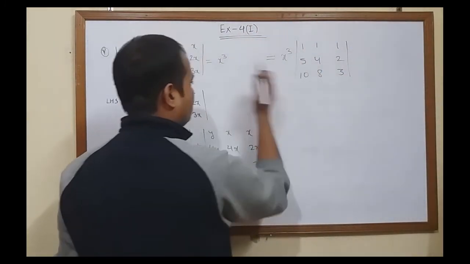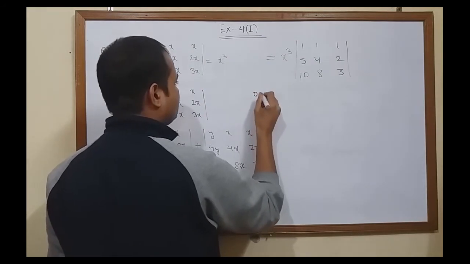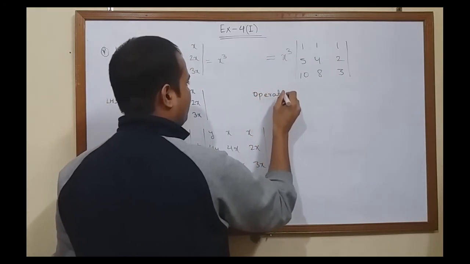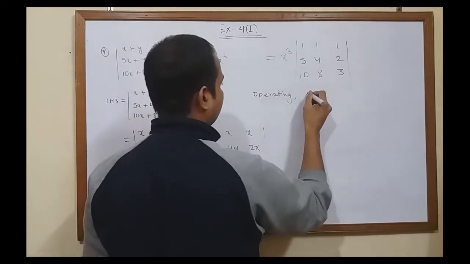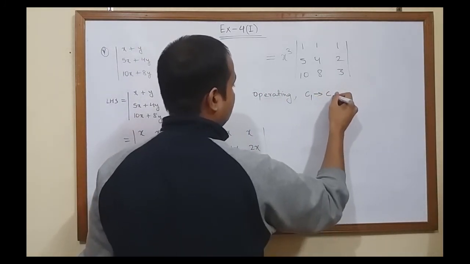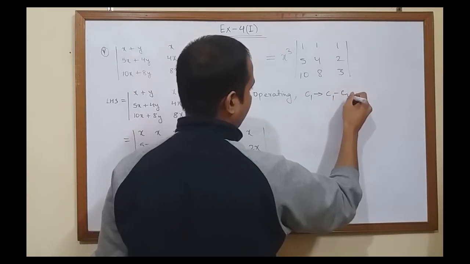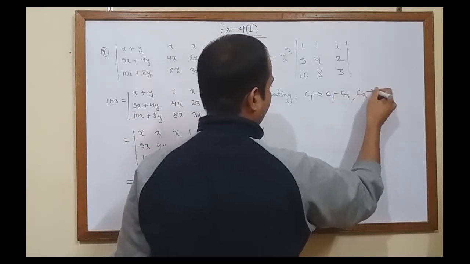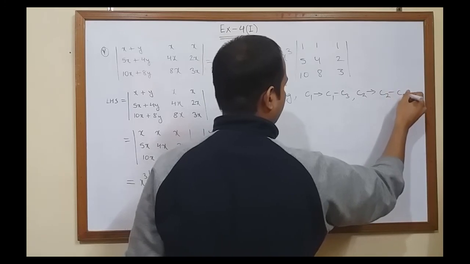So I will write over here, operating C1 tends to C1 minus C3 and C2 tends to C2 minus C3.